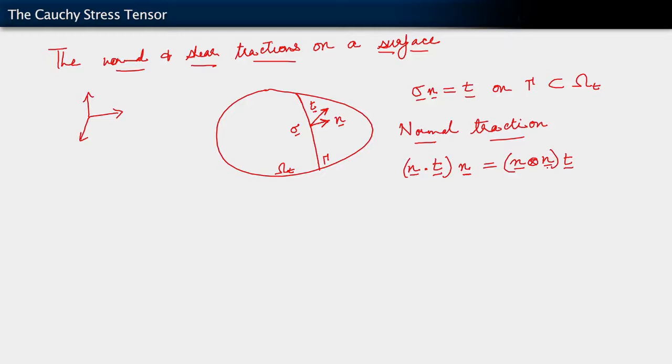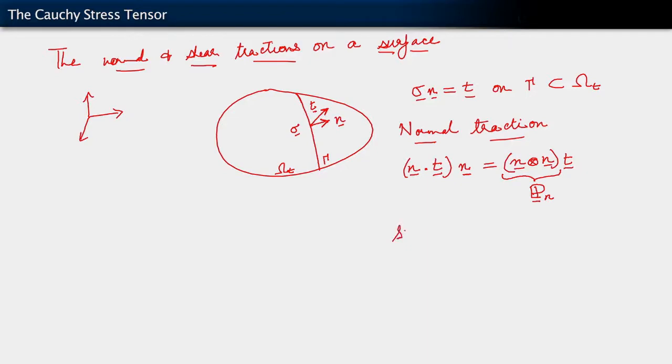That's in fact the definition of the tensor product. Many units ago we had introduced this when we were studying the dyadic product, and we noted that this was actually what we call a projection tensor, and we denoted it as P sub n. So we observe that the normal component of the traction can be obtained by this projection tensor acting on T.